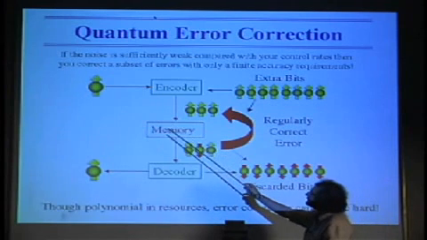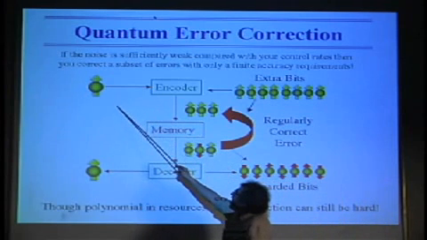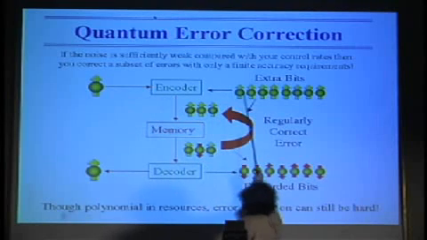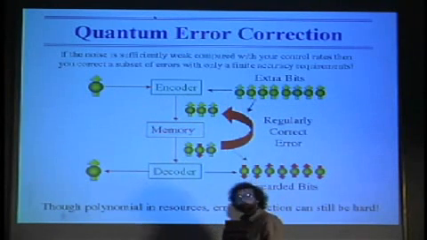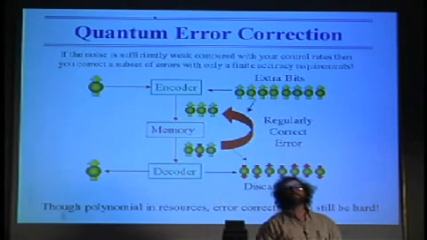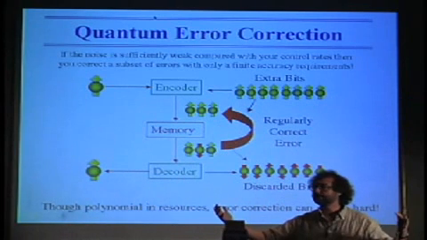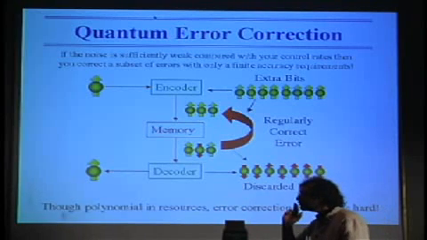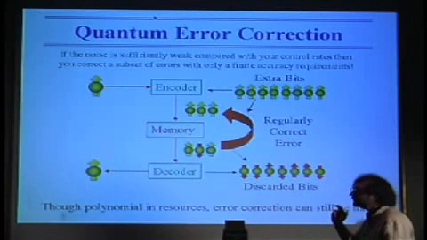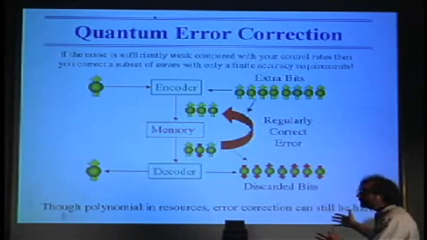In other words, I'm going to take the information here. I'm going to take additional resources. I'm going to code it into a larger Hilbert space. I'm going to use that additional expanded Hilbert space as a way of characterizing what the decoherence was on the system over some period of time.